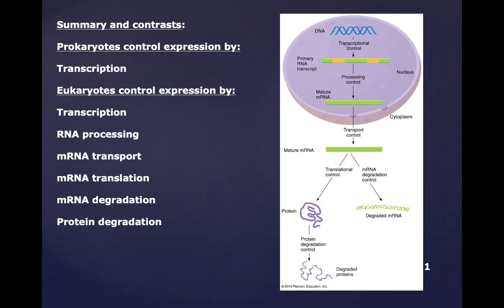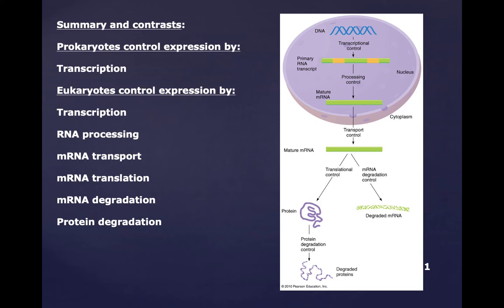And aside from the genetic elements, we also have protein elements that can participate in the whole process of gene expression regulation, especially for the case of mRNA degradation and protein degradation.